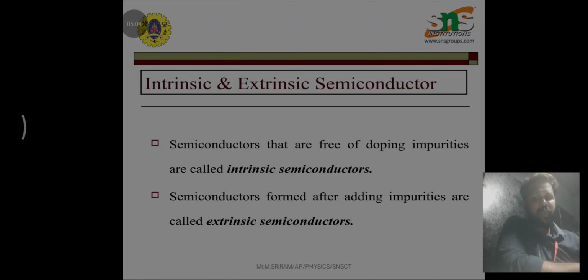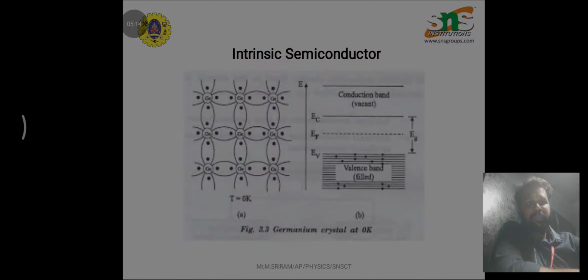In pure germanium, out of 32 electrons, 28 electrons are tightly bound to the nucleus, while the remaining 4 electrons, known as valence electrons, revolve in the outermost orbit. In silicon, out of 14 electrons, 10 electrons are tightly bound to the nucleus, while the remaining 4 electrons revolve in the outermost orbit.